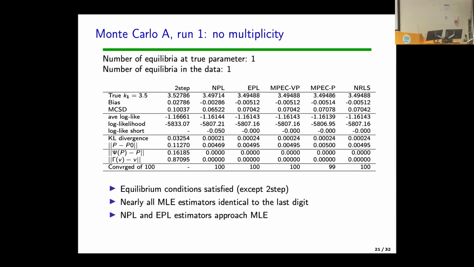Because the implementation is not the best possible for most of the estimators. We worked on trying to be efficient with the NRLS, and the question is whether it is tractable or not. Of course, everything else is fast, and two-step is the fastest.